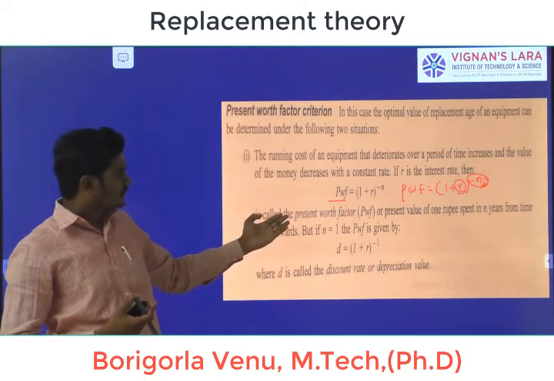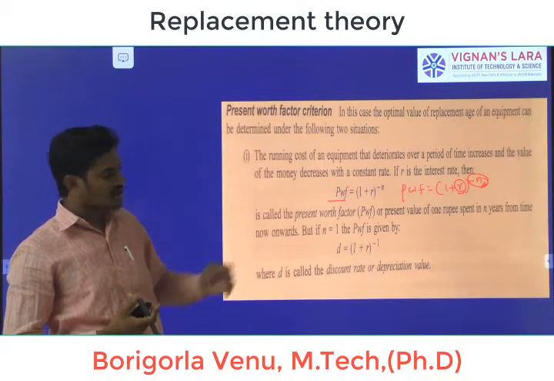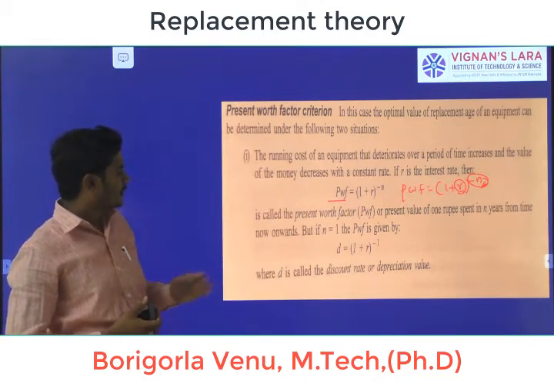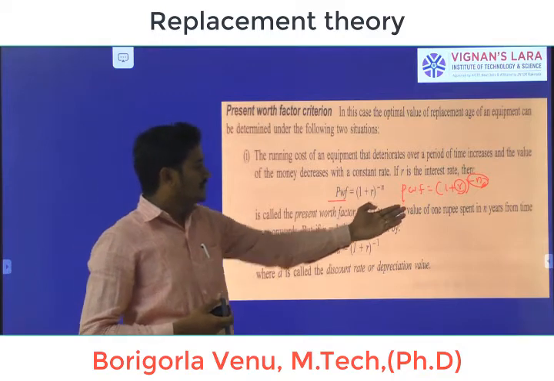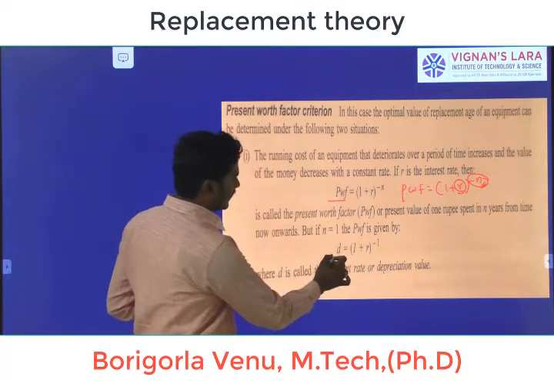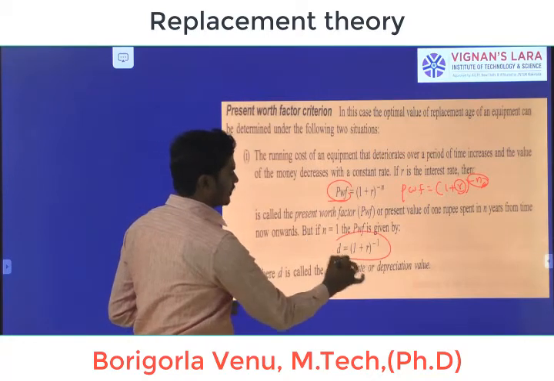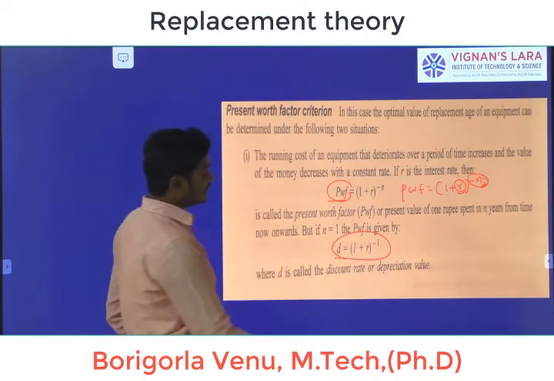Here R is our constant rate, and N is the number of years we have taken. It is also called the present worth factor. D is equal to (1 + R) power minus 1. In the previous case, what is the D value?